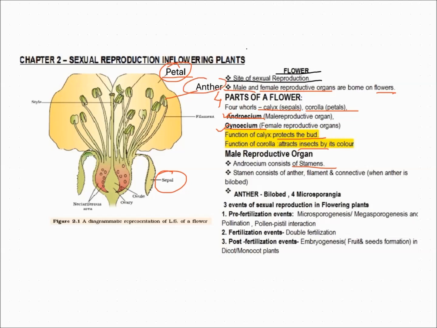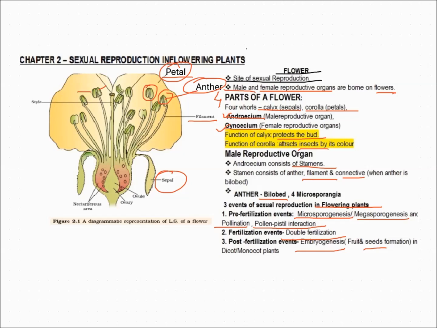We can see here these parts are called anthers, and this part is the filament. The anther is bilobed; it consists of two lobes, this lobe and this lobe. The two lobes are fused with a tissue which is called connective.